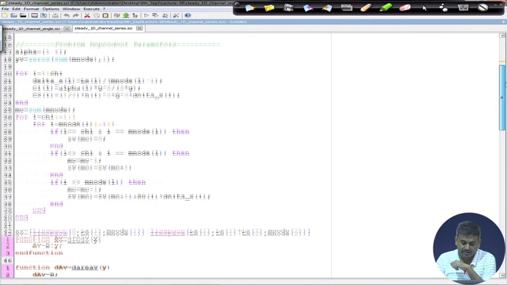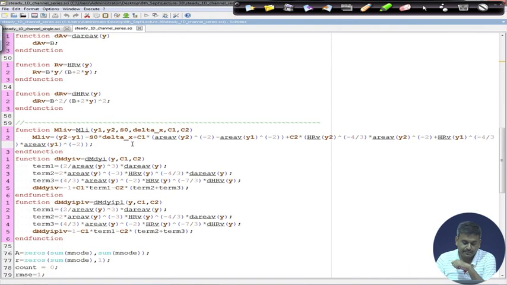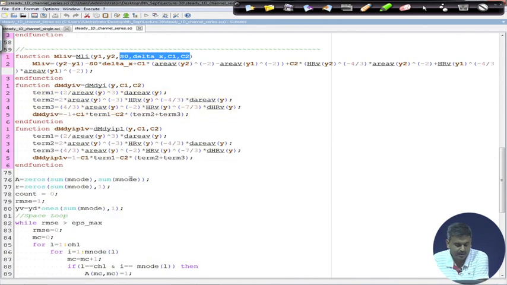These derivatives are the same as our previous one, but we need to transfer these C1, C2 and delta x, S0 values here because these are not constant values now. Again YC1, C2 are required here.